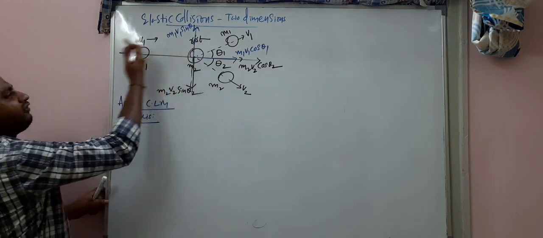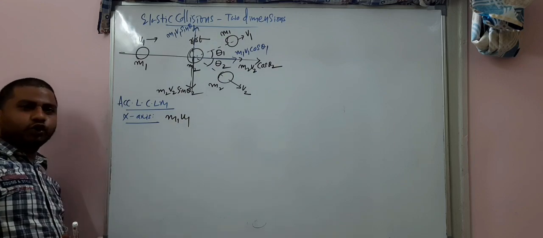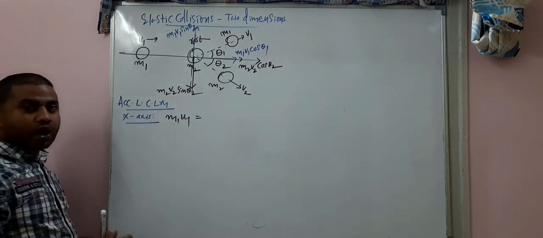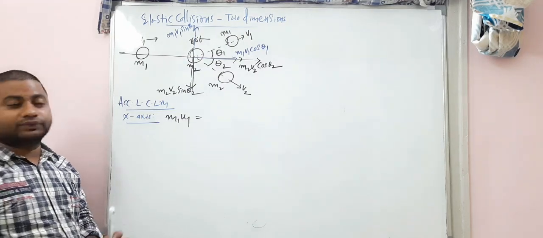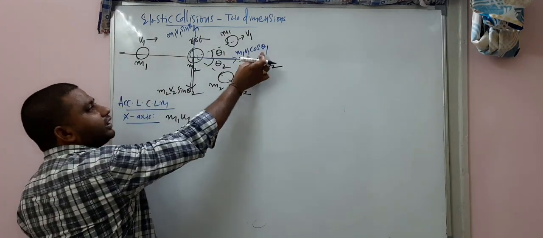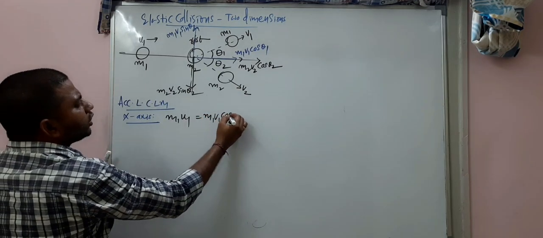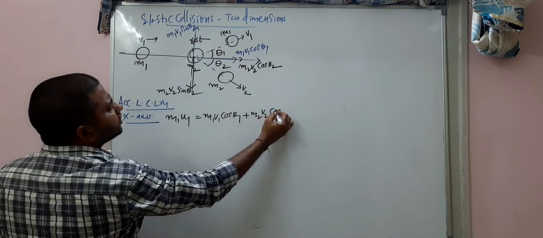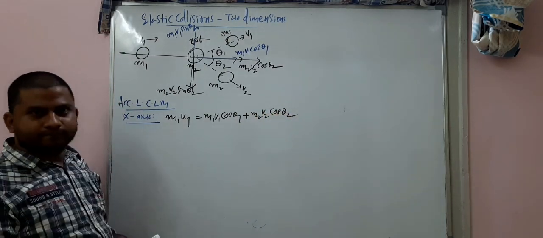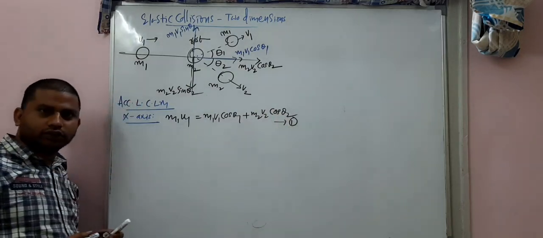Before the collision, the linear momentum is just m1 u1, which is equal to, after the collision, m1 v1 cos theta 1 plus m2 v2 cos theta 2. So this is equation number 1.